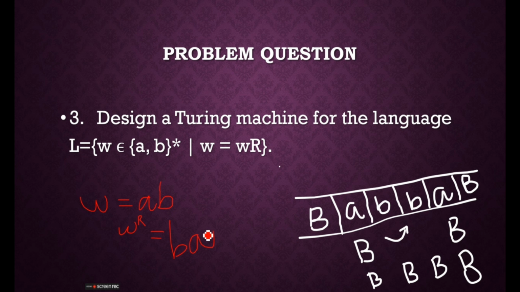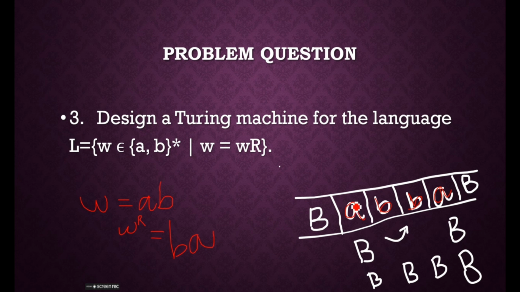So BA. If we design the tape like this, if our string is AB, the condition is W equal to W^R, so we take the reverse string also, that is BA. It's an easy process.